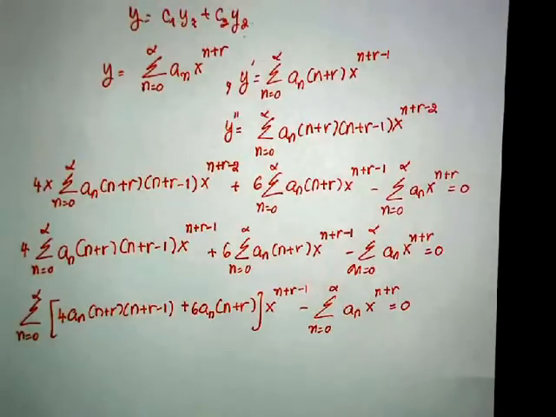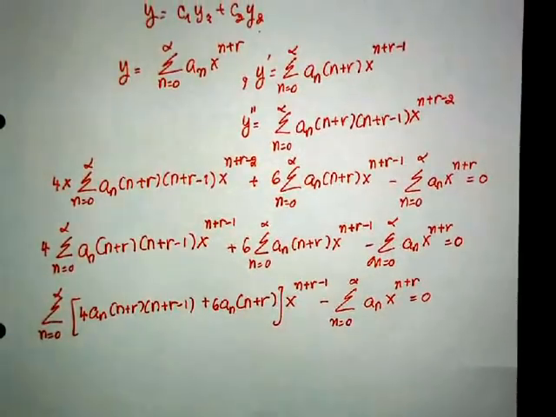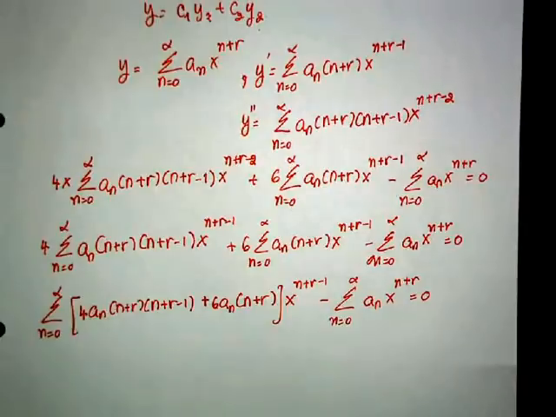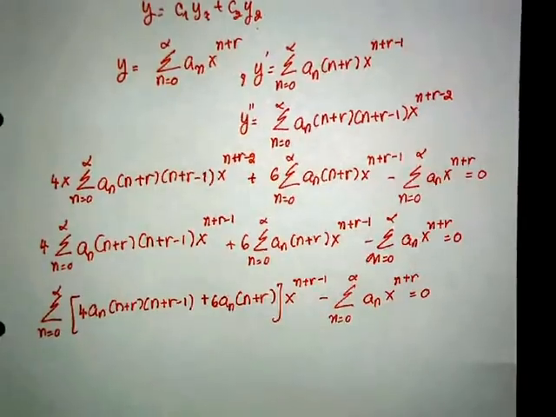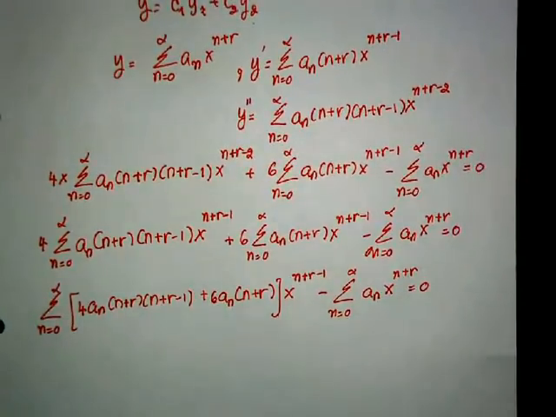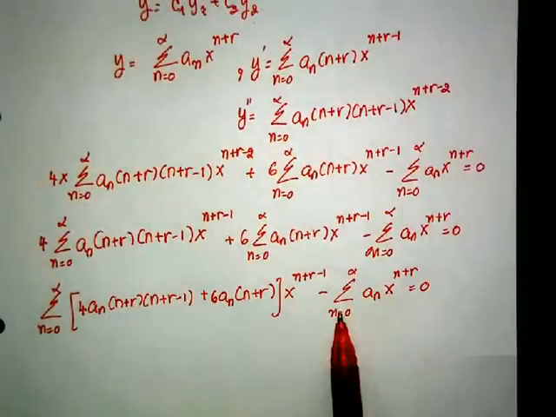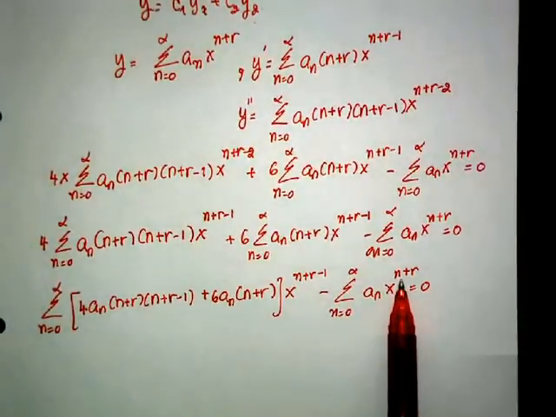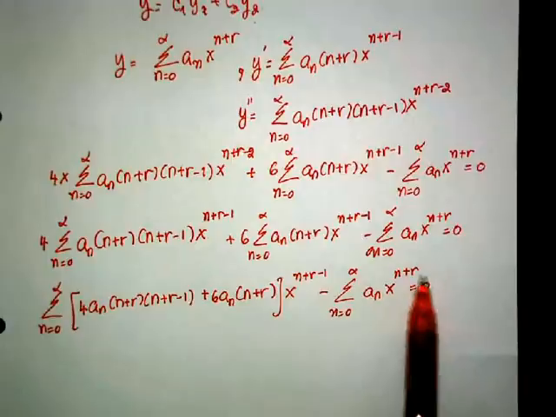Now we are going to shift. Now we just cannot combine these two terms together because the power of the x is still different. So we are going to do the shift of index, and we are going to shift this to be n plus r minus 1.